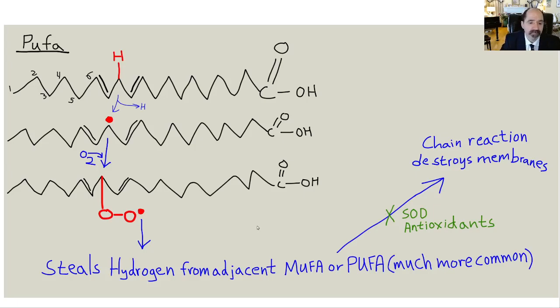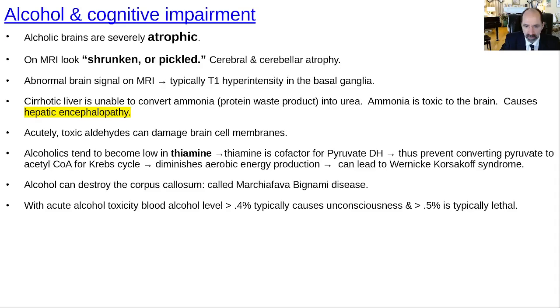So these lipid peroxidation reactions are much, much more common in a polyunsaturated fatty acid. So something like linoleic acid with 2 double bonds. They still happen in MUFAs like oleate, like with olive oil, and they are very, very rare in a saturated fat. So this is one of the few times where saturated fat comes out looking good.